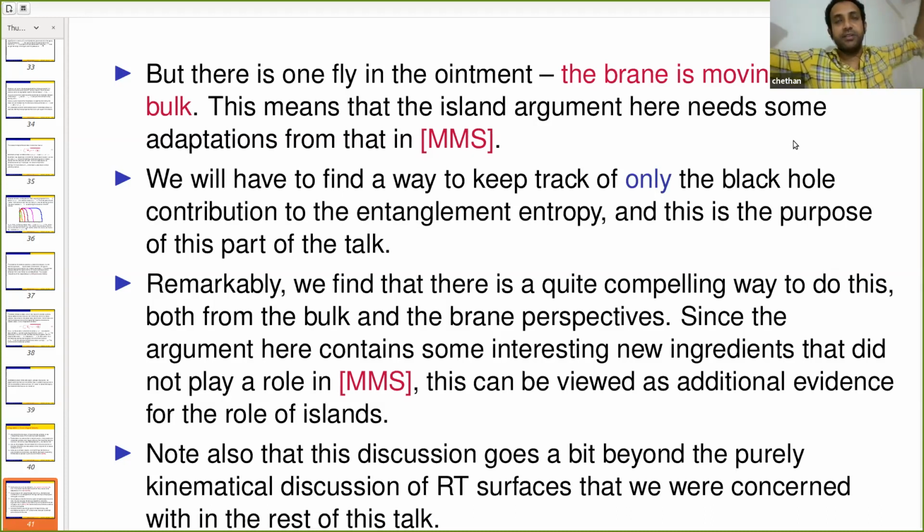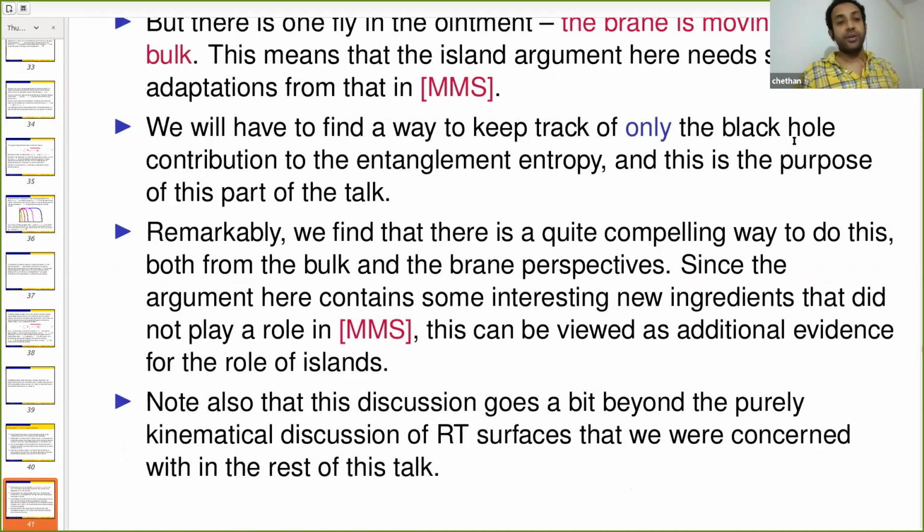You have these extremal surfaces and their sizes are constantly increasing. So what are you supposed to do? Both these extremal surfaces might superficially seem time dependent. I will argue that we'll have to find a way to keep track only of the black hole contribution to the entanglement entropy. A related fact that I want to point out is that even if there was no funnel, if it was just a planar black hole and there was a brane sitting on this geometry, it also accelerates, and it gets this time dependence in its areas, or the RT entanglement entropies, because the brane is moving there as well.